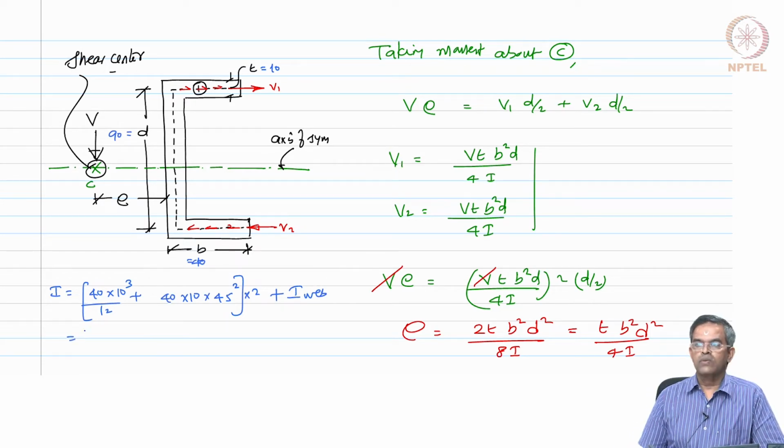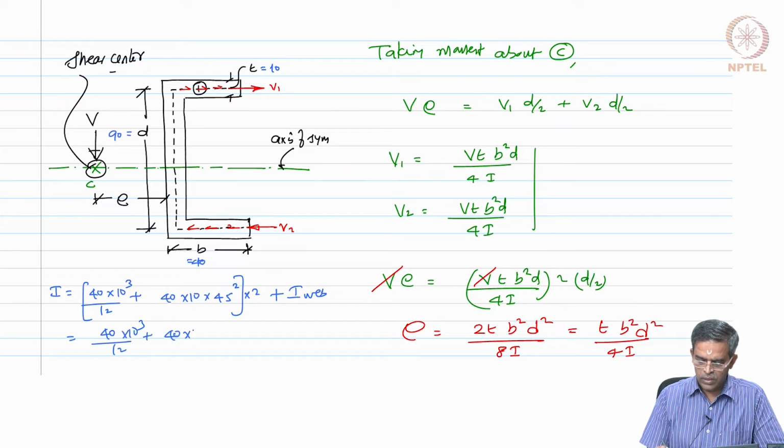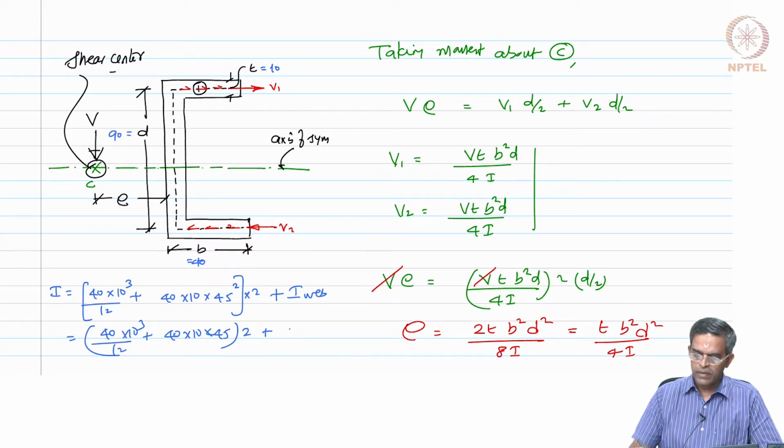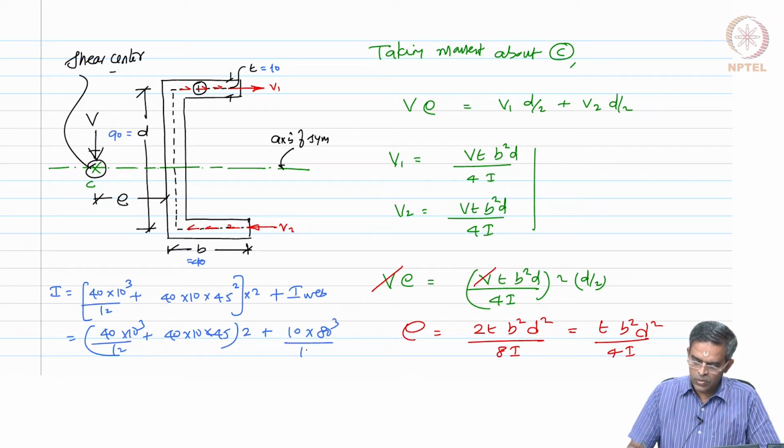Which will be now equal to 40 into 10 cube by 12 plus 40 into 10 into 45 of 2 plus 10 into 80 cube by 12. So, I get I now.